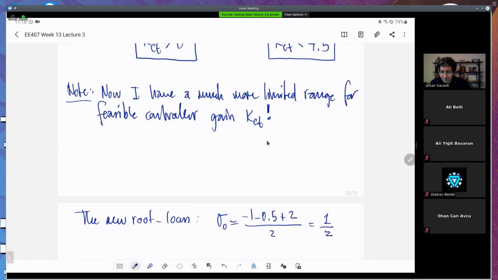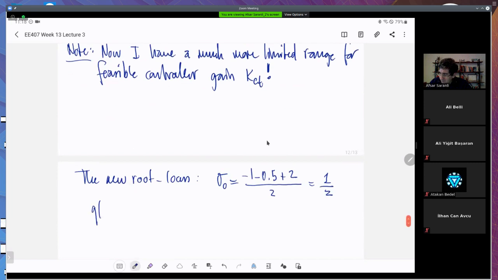Q(s) is equal to s cubed plus 1.5 s squared plus 0.5 s plus KC times (0.2 s plus 0.4).